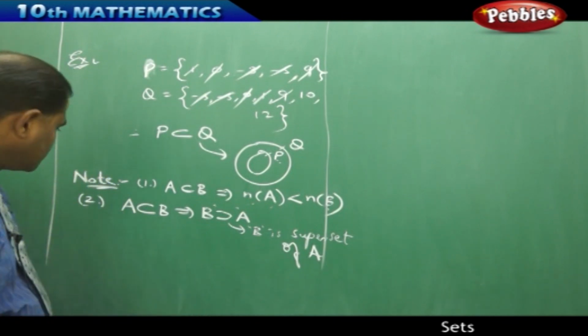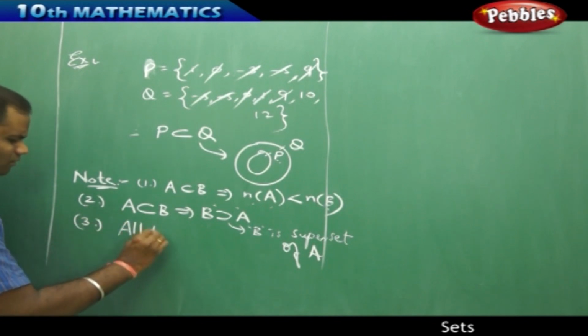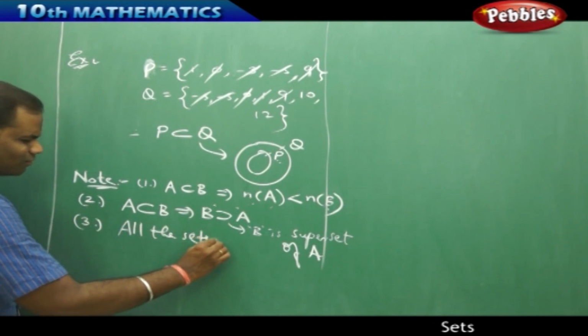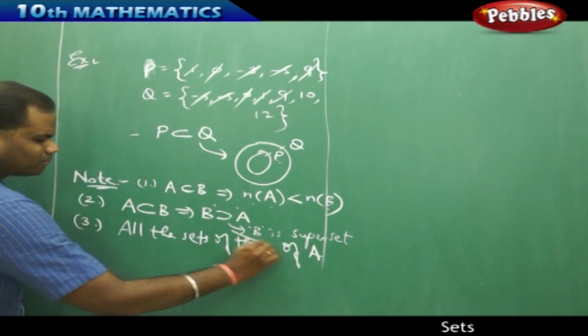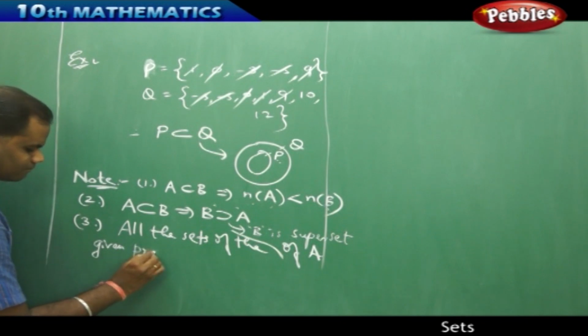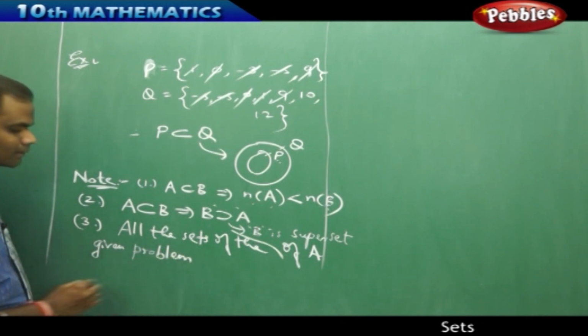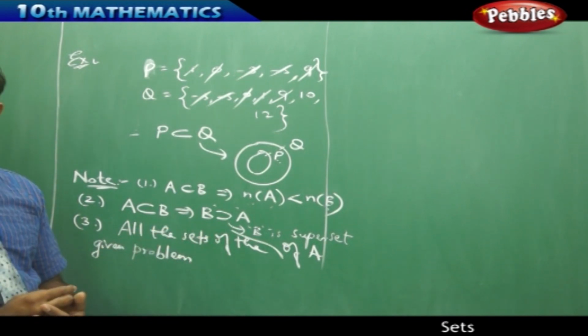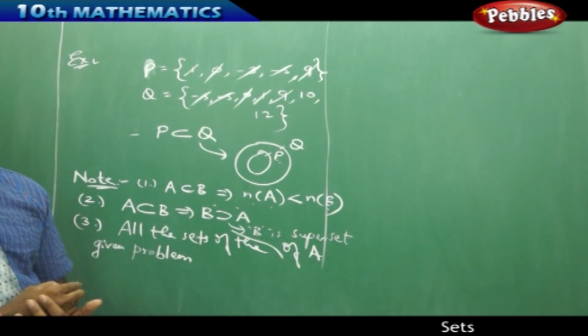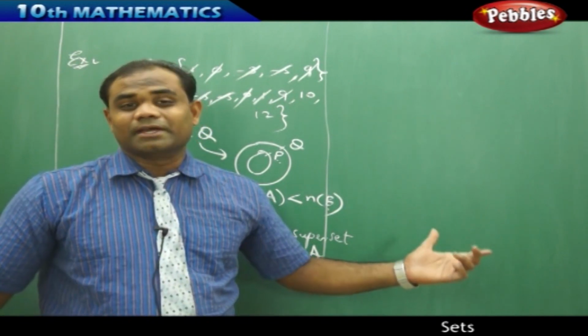The third thing is that all the sets of the given problem are subsets of the universal set, because we already have taken the definition of the universal set to be the biggest set.